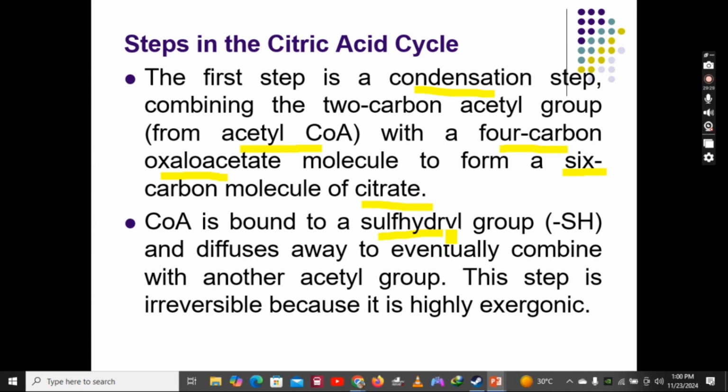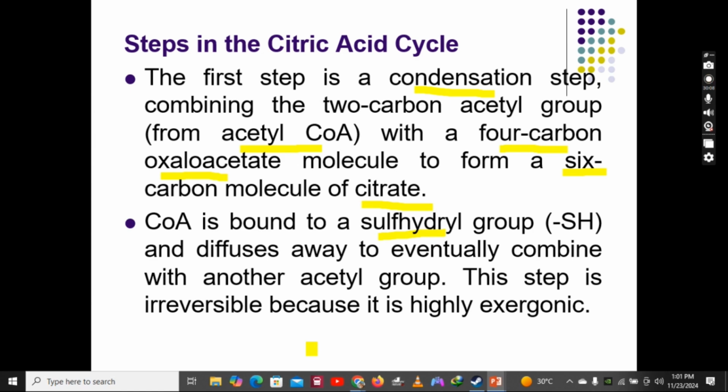The moment the acetyl-CoA combines with the oxaloacetate, this one diffuses away. The sulfhydryl group diffuses away, eventually to combine with another acetyl group that can also come in and combine with oxaloacetate, and the process continues. So this step is irreversible because it is highly exergonic. Highly exergonic, it needs a lot of energy.